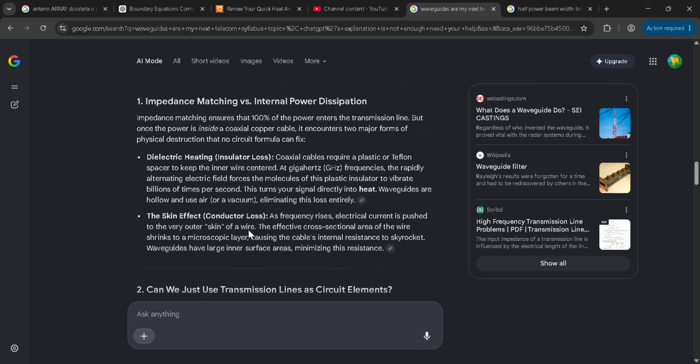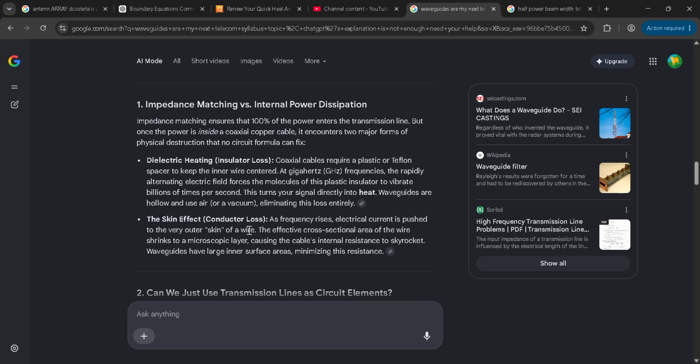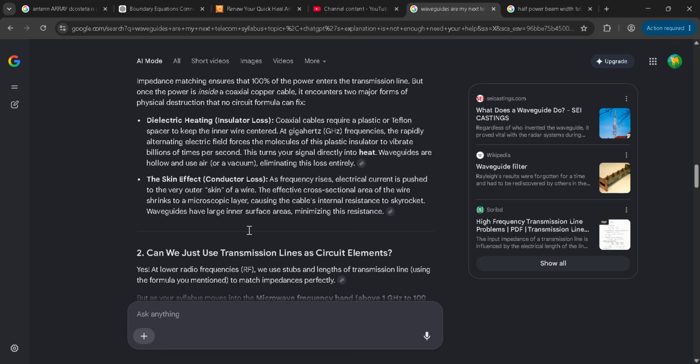Here is exactly what impedance matching is, and why waveguides become physically mandatory at high frequencies. So this is microwave frequency dielectric and radiation loss. This is exactly why impedance matching isn't enough, and waveguides become physically mandatory.